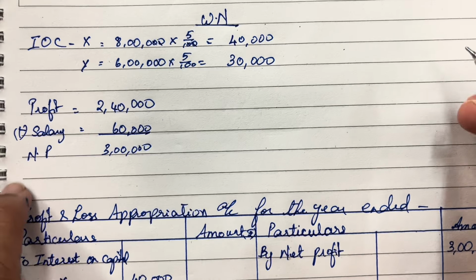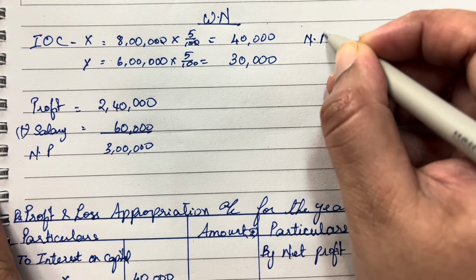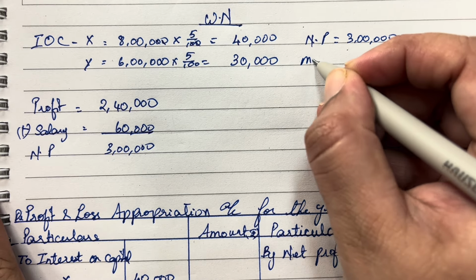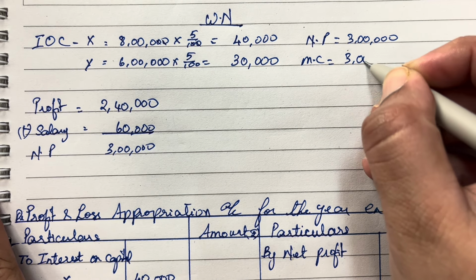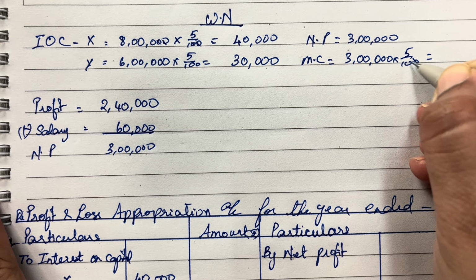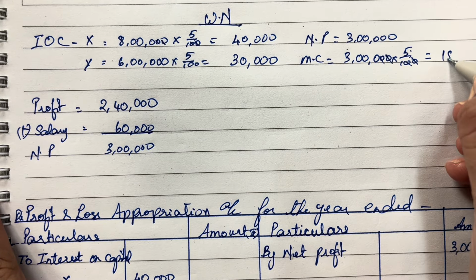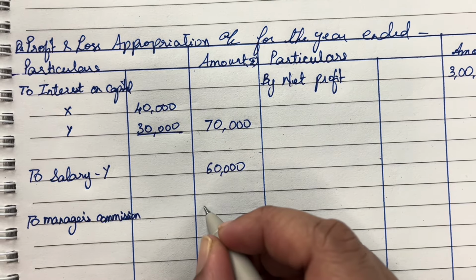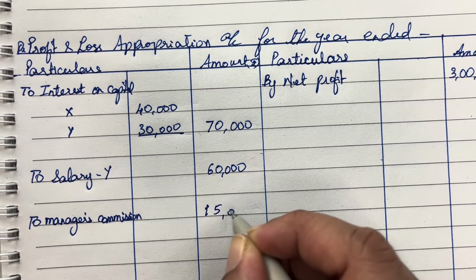Okay, the net profit is 3 lakhs. Manager's commission would be 3 lakhs into 5%, 5 by 100. That would give us 15,000. So our manager's commission is rupees 15,000.